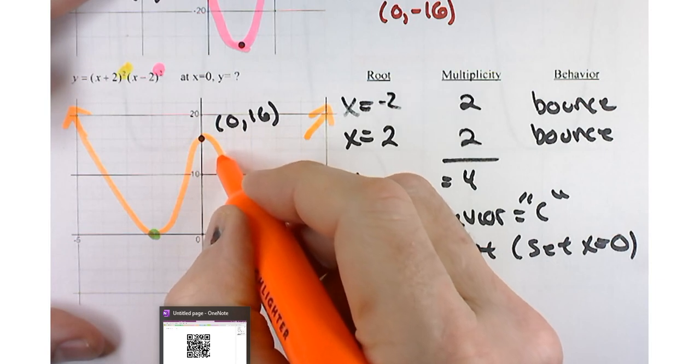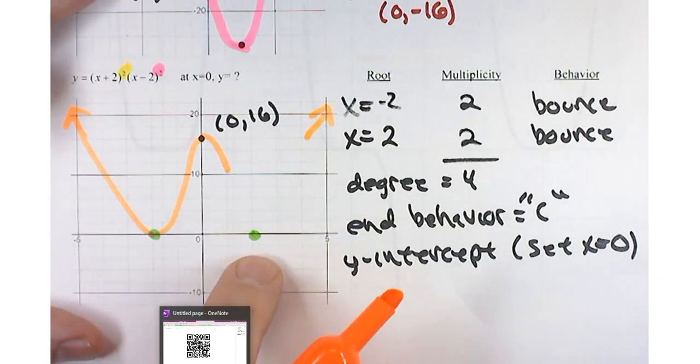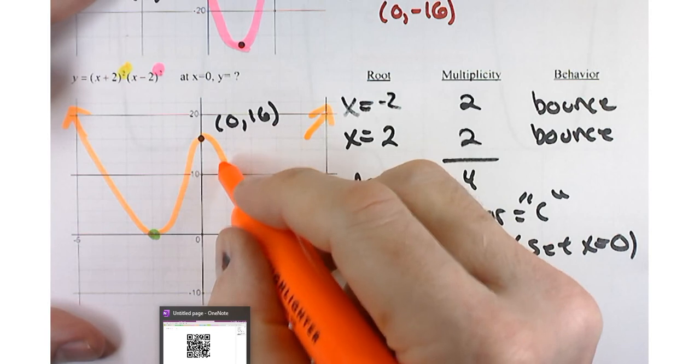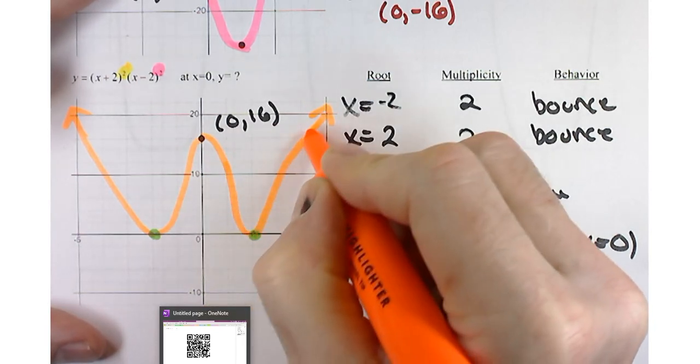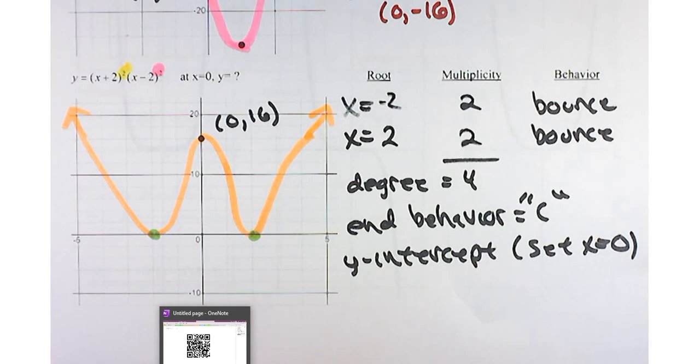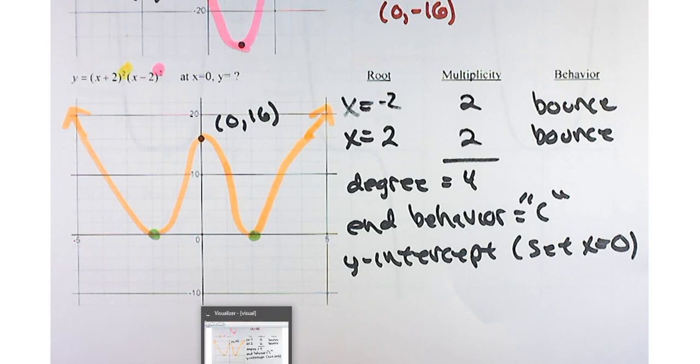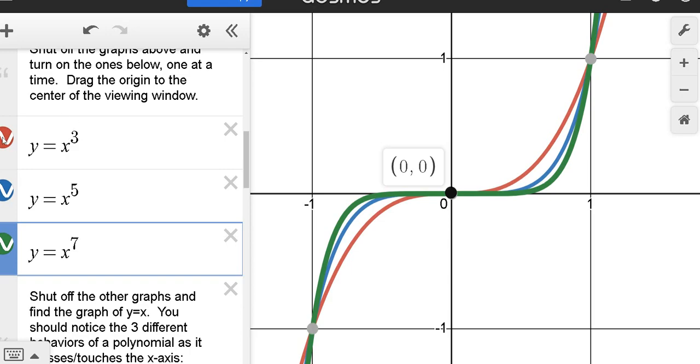And when it comes down, what kind of behavior am I going to get at this root? Bounce. Yeah, another bounce. And then like that. Now, in truth, the graph would look a little bit more symmetric than what I've drawn. In fact, it would be exactly symmetric because it's an even function. But that's a property we haven't gone over yet, so not worried about that. There's your graph. Now you can double check those things on Desmos or on your graphing calculator. It should look like a nice even function.